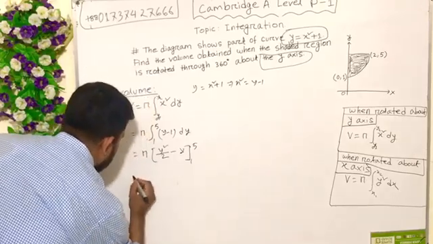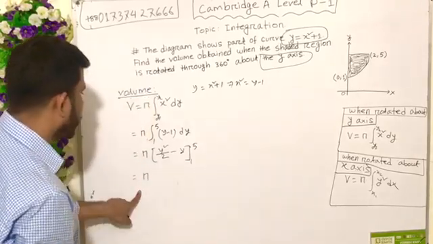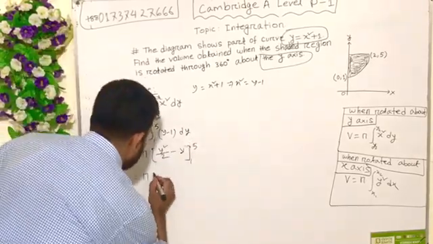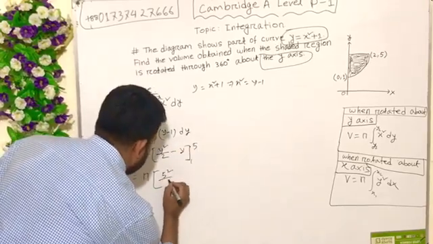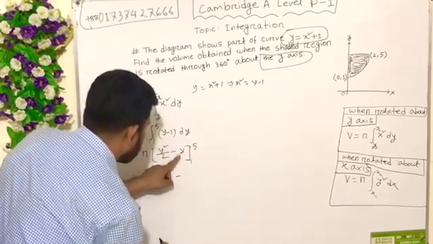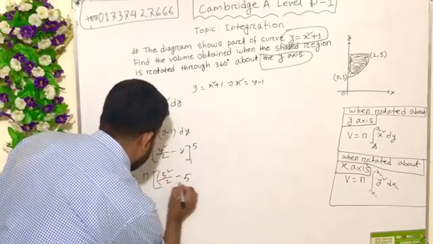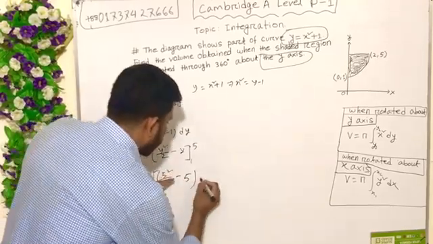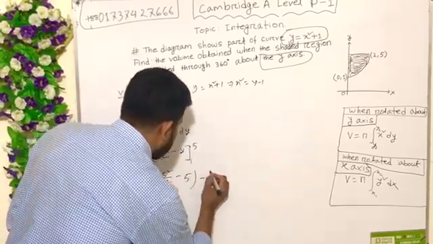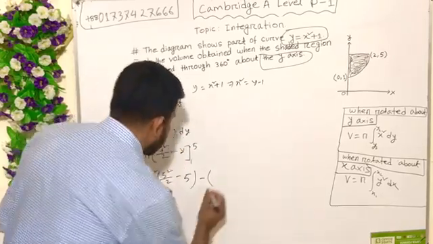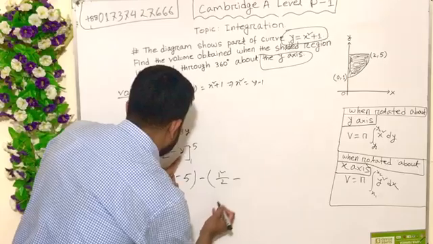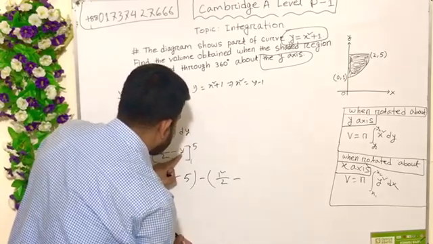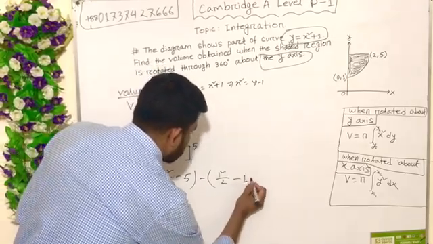Then pi is copied, and replacing y with 5, we get 5²/2 minus 5, and then minus the lower limit: 1²/2 minus 1, replacing y with 1.